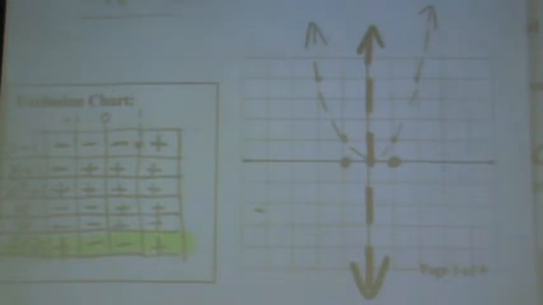Is there a y-intercept in this? Nope. And is there a hole? No. Because x squared times x squared. Nope, you don't need the remainder.